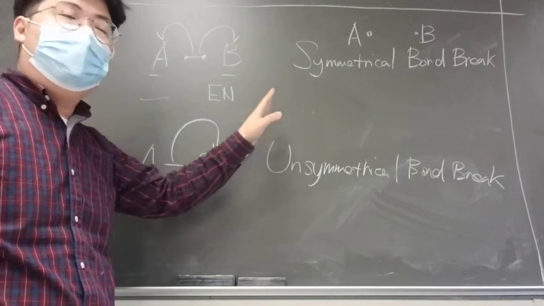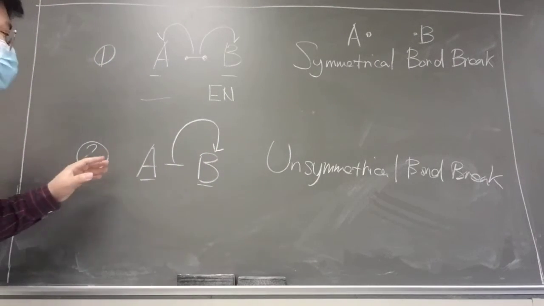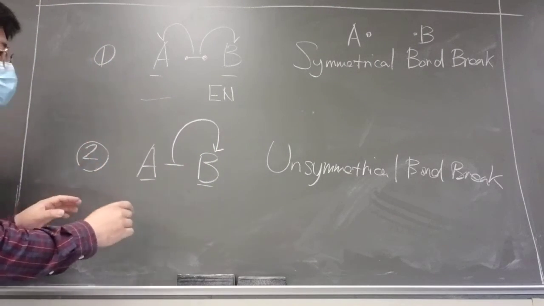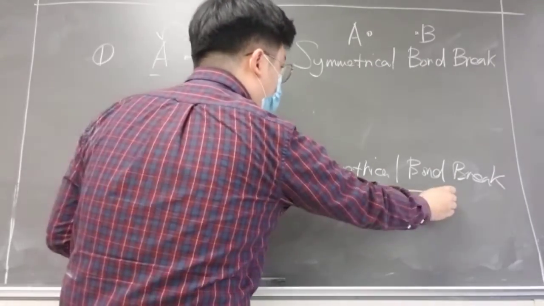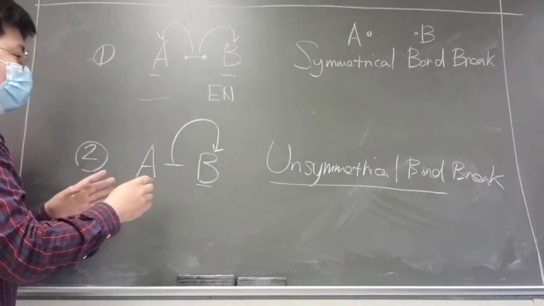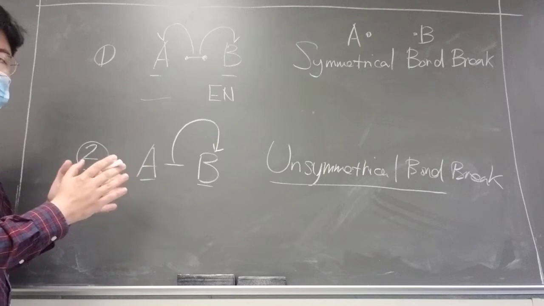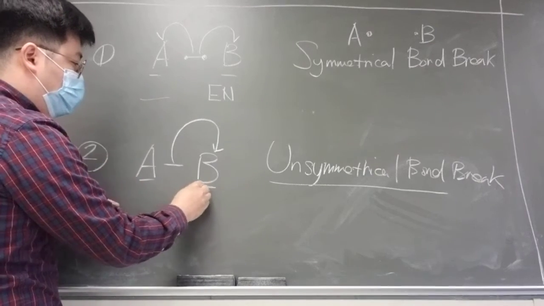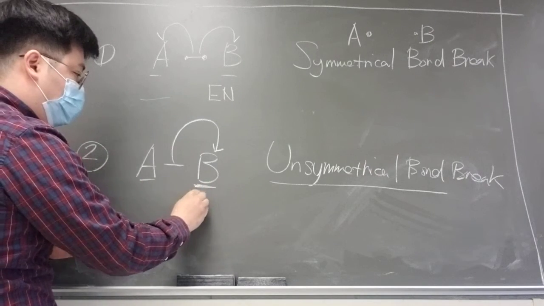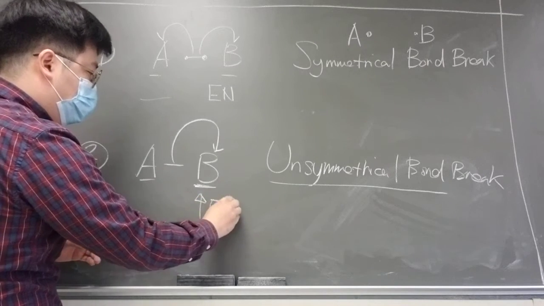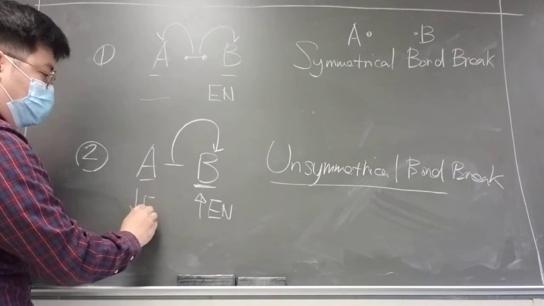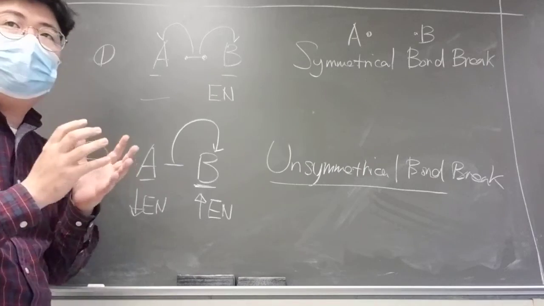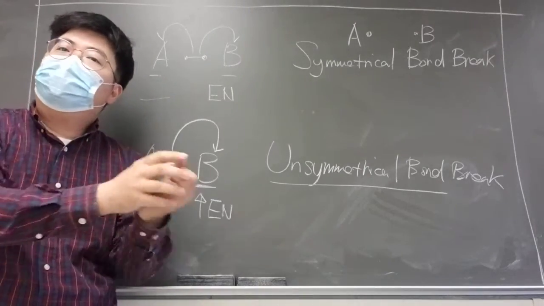Makes sense, right? So if that is true, you can see this is different because we call this unsymmetrical bond break. Meaning, in here I made one assumption: that B is higher in electronegativity than A. Okay? So B will have a more dominant power to pull those electrons.